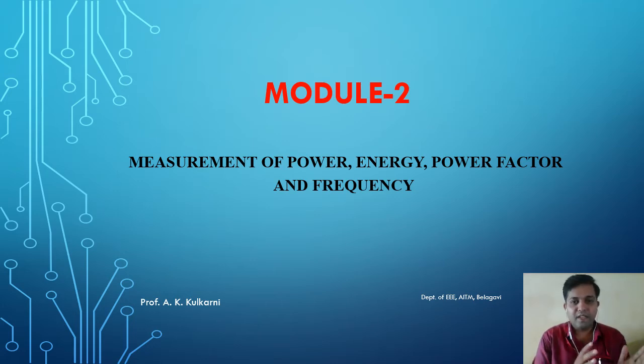Once we get the voltage and current values from these meters, we can multiply those values to get the power. In our previous semester, in basic electrical engineering, we already studied the dynamometer type of wattmeter. In this session, we are going to recap how the dynamometer type of wattmeter works. Let us see the working principle behind it.